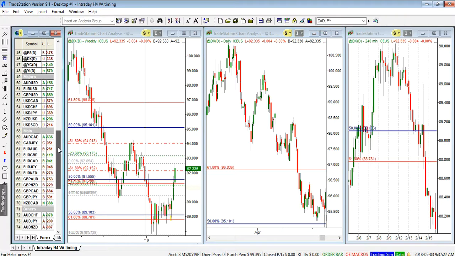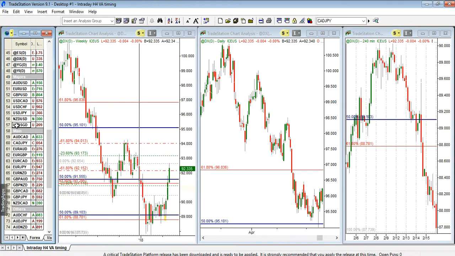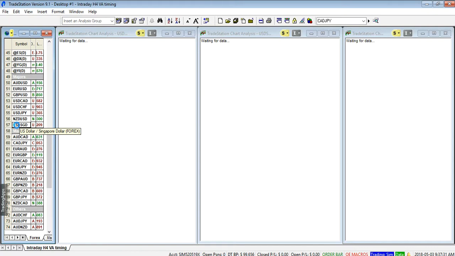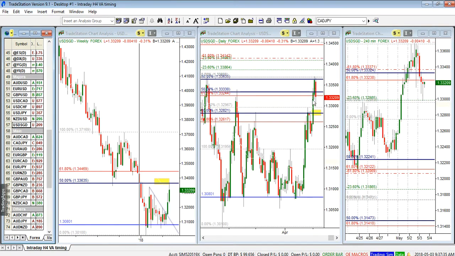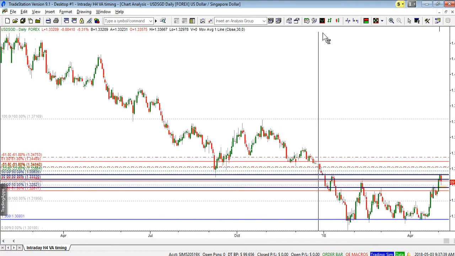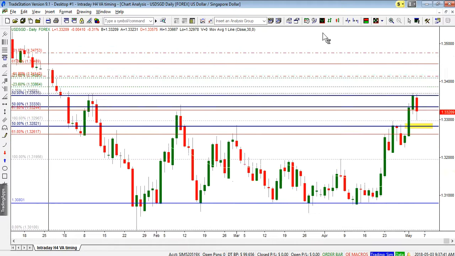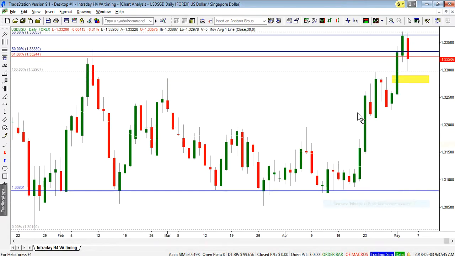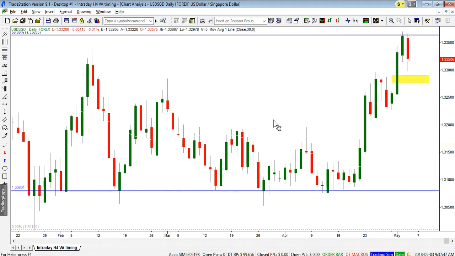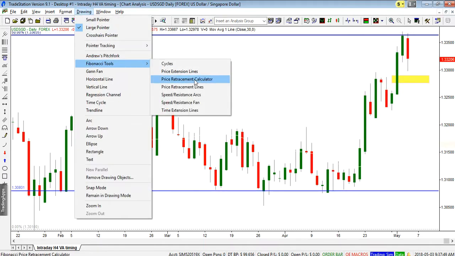So let's see if the US dollar Singapore dollar confirms this view. I use this market as a proxy for the dollar, and an important thing we need to observe here is that the initial sequence of a measured move has failed. We had three measured moves in this sequence.